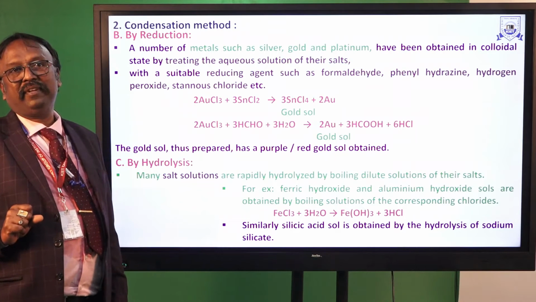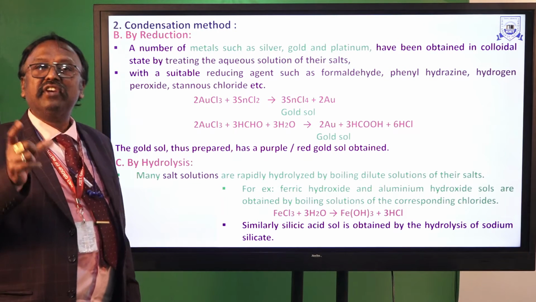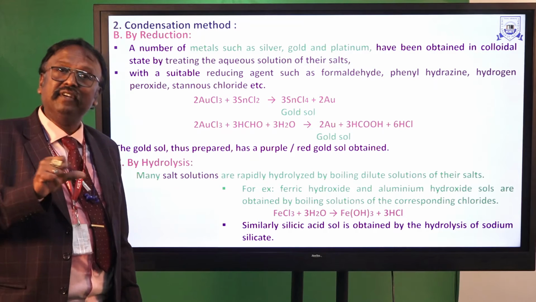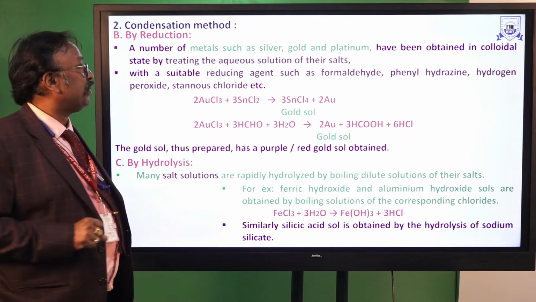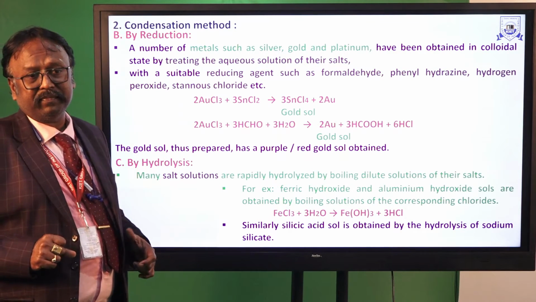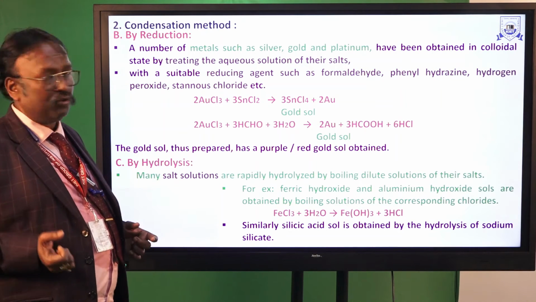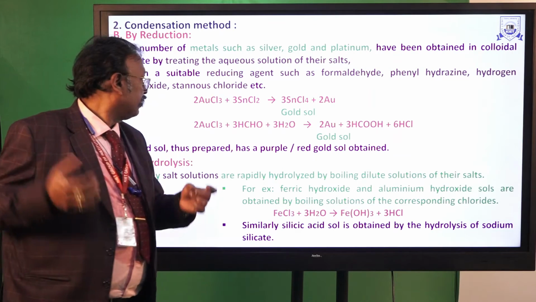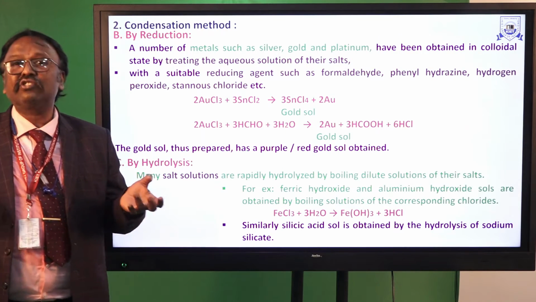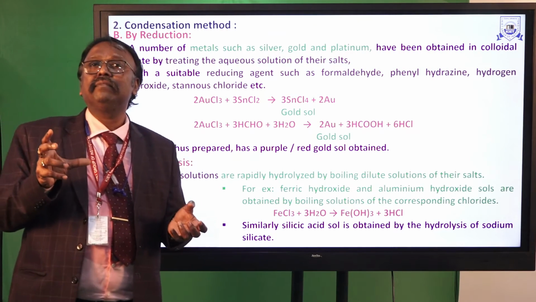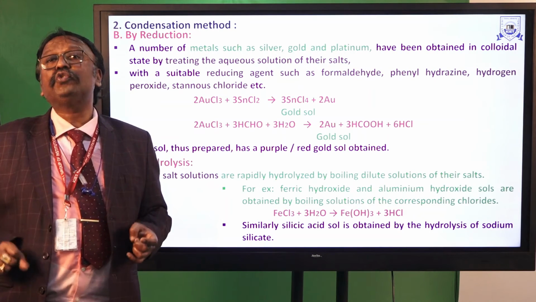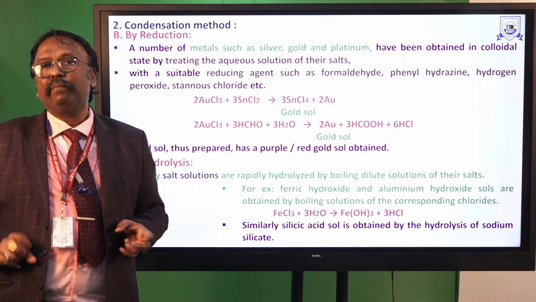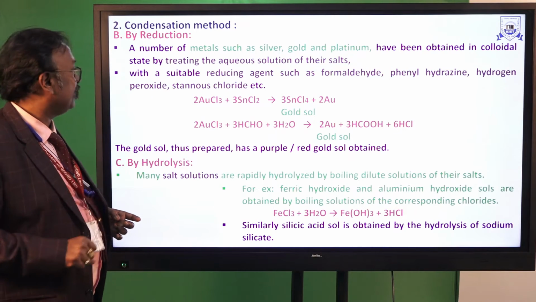Proper reducing agents are used for the preparation of colloidal dispersion, such as formaldehyde, phenyl, hydrogen peroxide and stannous chloride. These are all reducing agents used for the preparation of colloids.